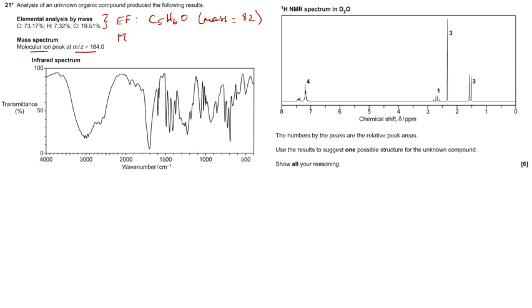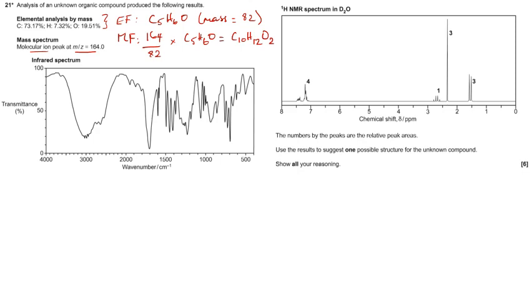So the molecular formula, which is very useful, is going to be the Mr, which we know is 164, divided by the mass of the empirical formula, which is 82, times our empirical formula, C5H6O, of course. So that's going to give us 2 times that, which is C10H12O2. So we've got the molecular formula.